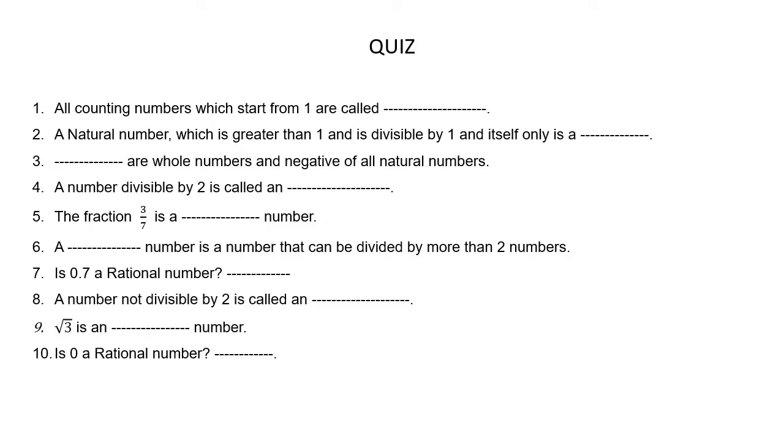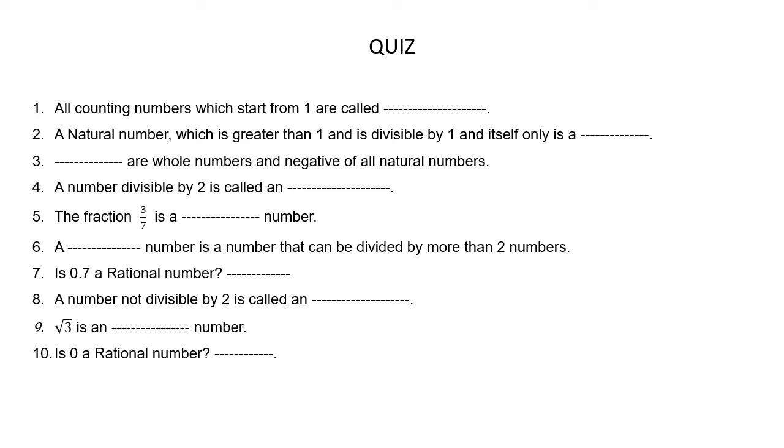So viewers, here's a quiz for you. But before taking the quiz, please be confident of the definitions of all the different types of numbers. If you are not perfect with the definitions, please go back, learn again, and then come back to the quiz. So let us start the quiz.